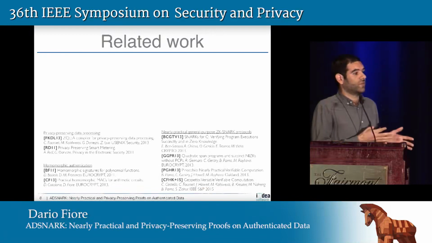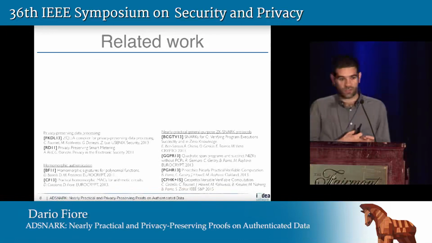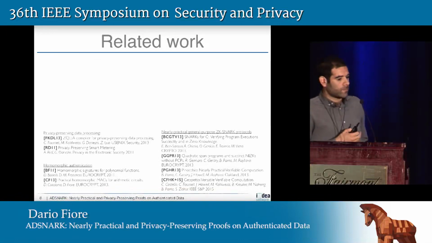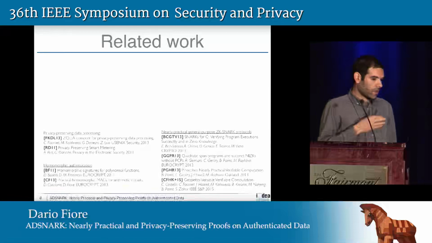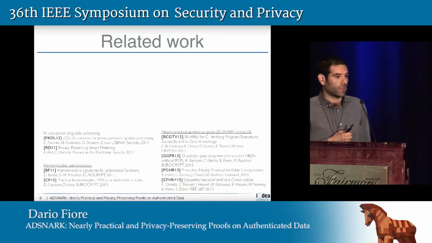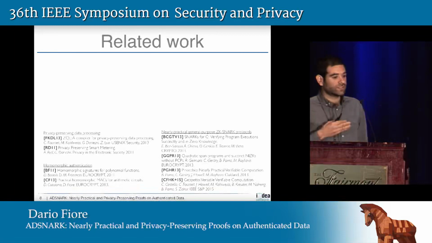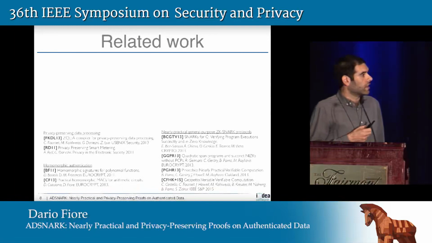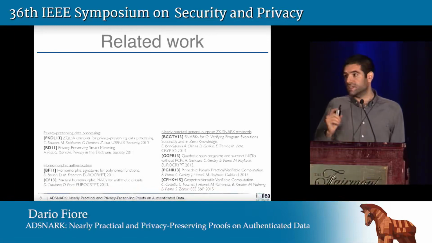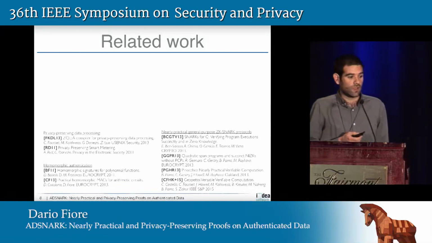More specific works have, for example, addressed the problem of privacy-preserving smart metering. The problem of making proofs about authenticated data is also the goal of homomorphic signatures or homomorphic message authenticators. And finally, there is a lot of work, especially in recent years, about succinct and efficient general-purpose zero-knowledge proofs, such as the work that we have seen in the previous talk.